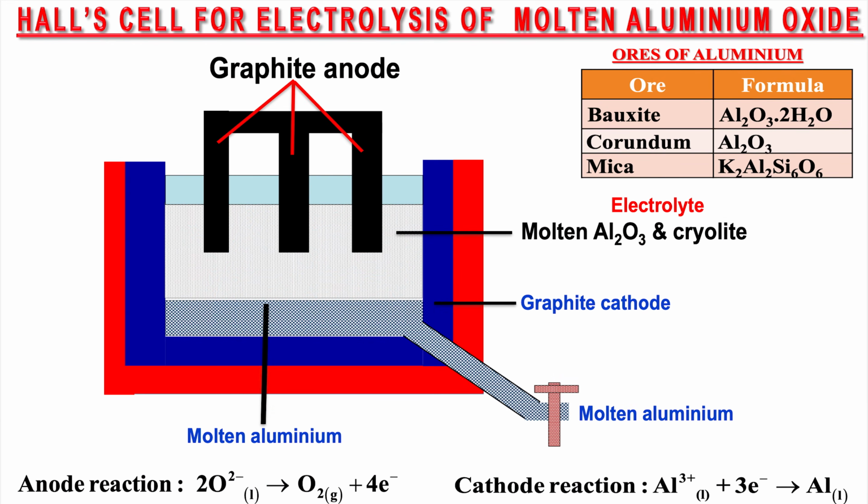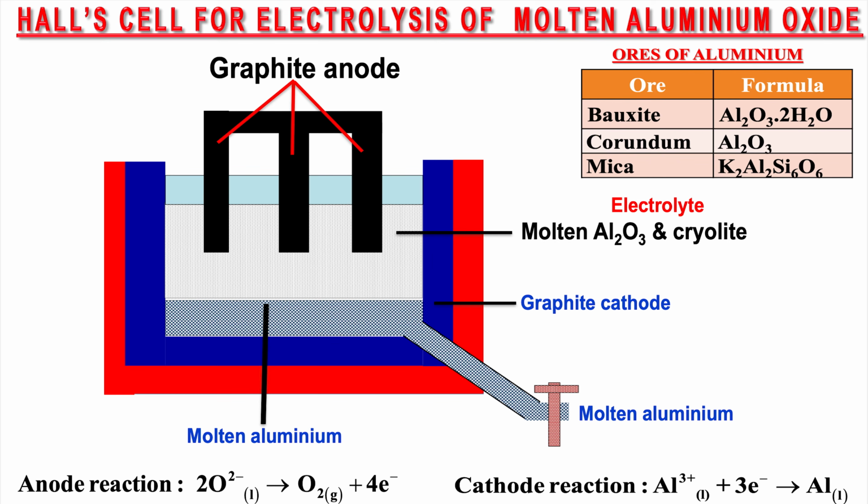Upon electrolysis, the aluminium oxide decomposes into aluminium ions and oxide ions. The aluminium ions migrate to the cathode, where they undergo reduction to give you liquid aluminium. The liquid aluminium is tapped off at the bottom because it is denser than the electrolyte. Then oxide ions migrate to the anode, where they undergo oxidation to give us oxygen gas.